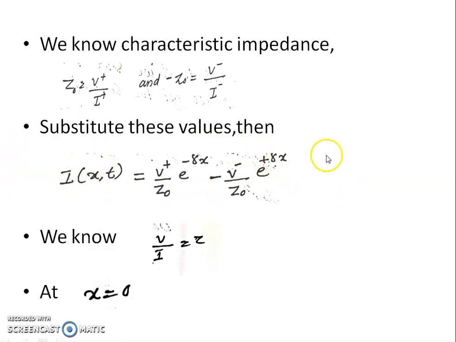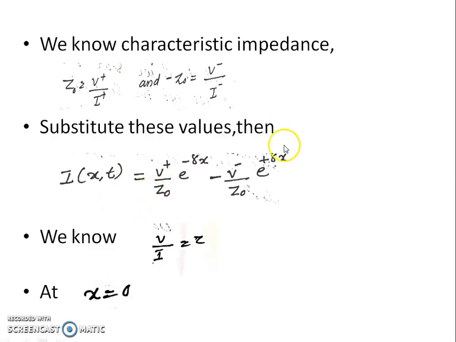Next, to find the ratio of voltage and current, which is the impedance, we have to find V by I at x is equal to 0.